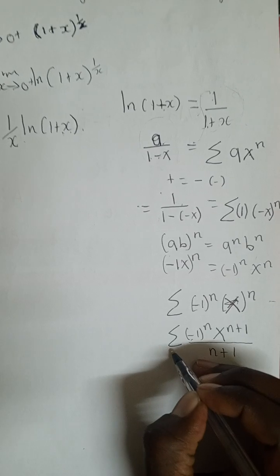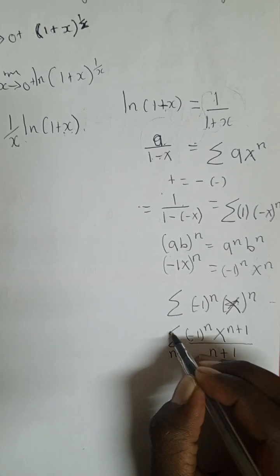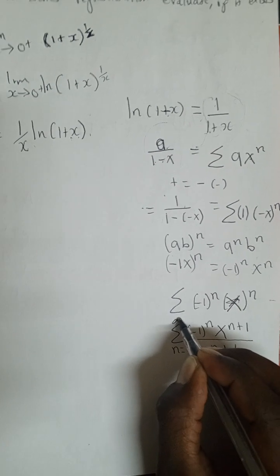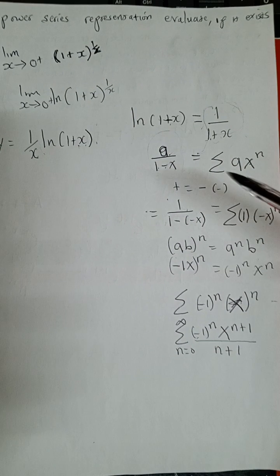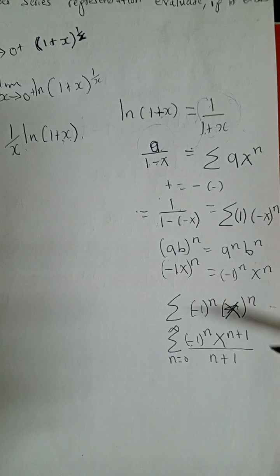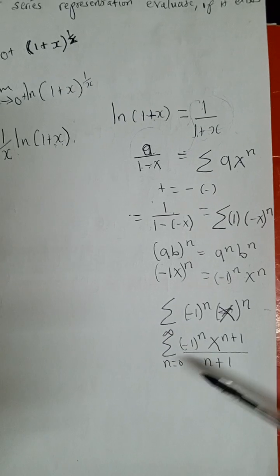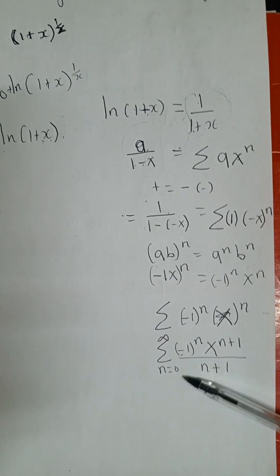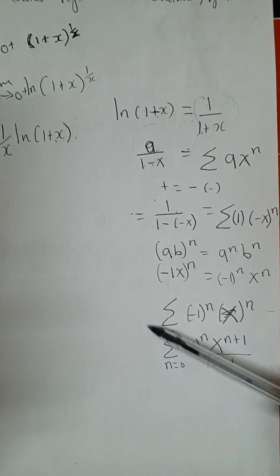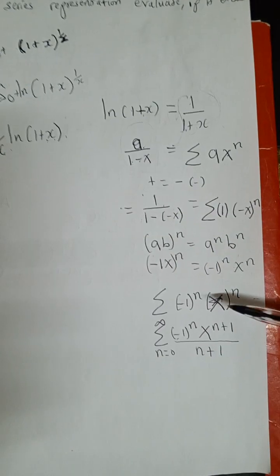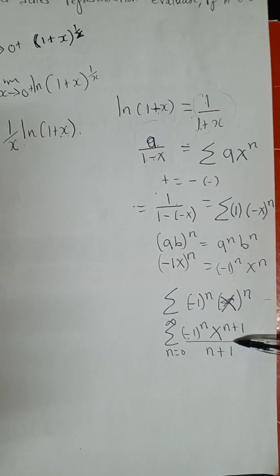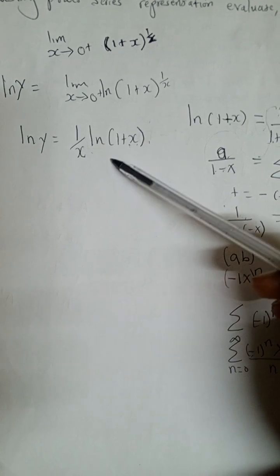Now, ladies and gentlemen, what we have here is the series of ln of 1 plus x, as n is starting from 0. When n is starting from 0, this is the series we have of ln of 1 plus x. So we are going to take our series here and write it here, replace it there.